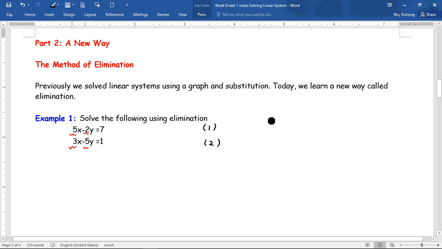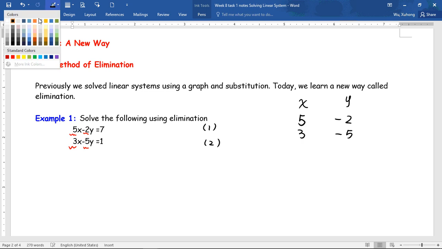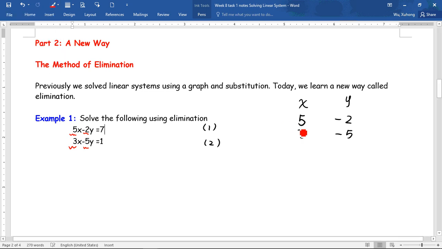Elimination method is the reason what we are going to do is this is x, this is your y, the number at front is 3, negative 5. What we want to do is we want to see if any of these pairs will be same, then we could add or subtract to get rid of it. So for this one, we may focus on x.